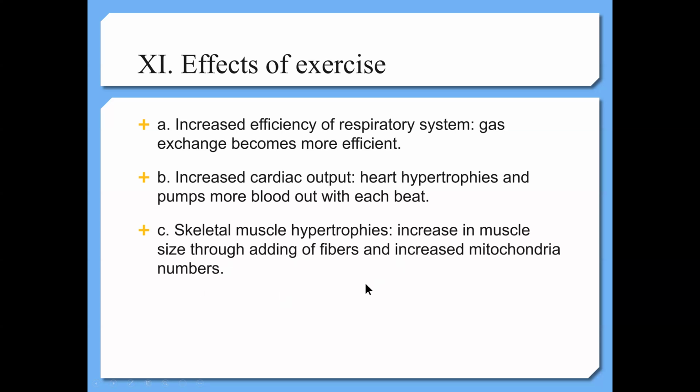Skeletal muscle hypertrophies, an increase in muscle size through the adding of fibers and increased mitochondrial numbers. So we don't add individual muscle cells, but we can hypertrophy the fibers, okay? And obviously somebody who is bathed in testosterone can hypertrophy them better.